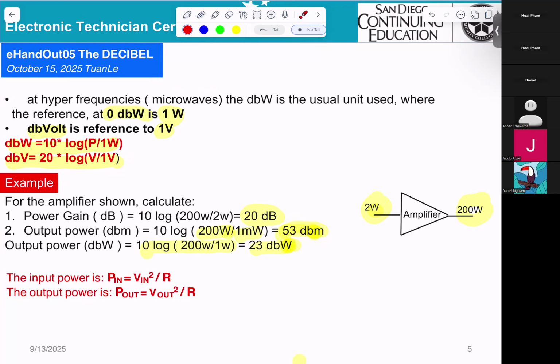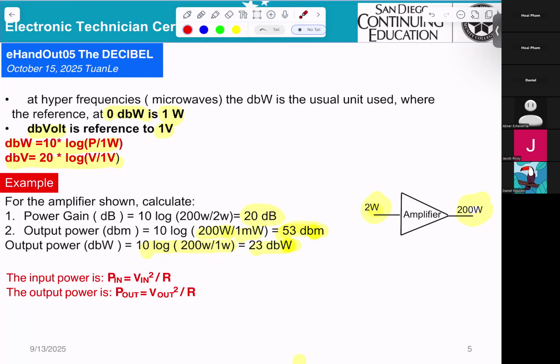And they give you the example here, power gain. You get 2 watt input and you get 200 watt output. So power gain in dB is 10 times log of 200 watt divided by 2 watt. You get 20 dB.